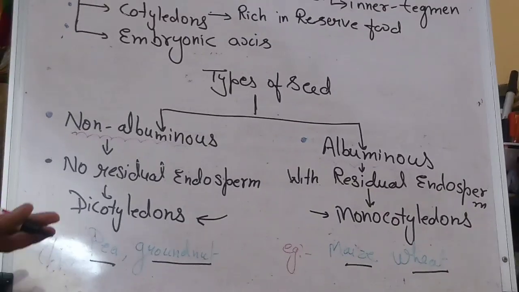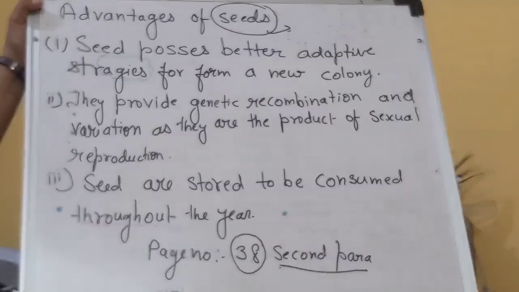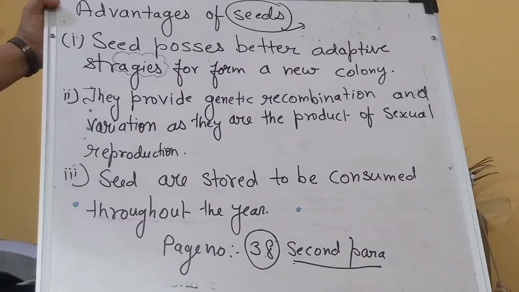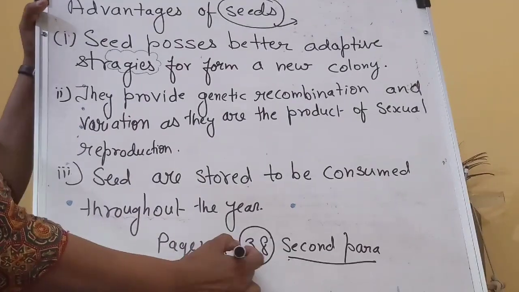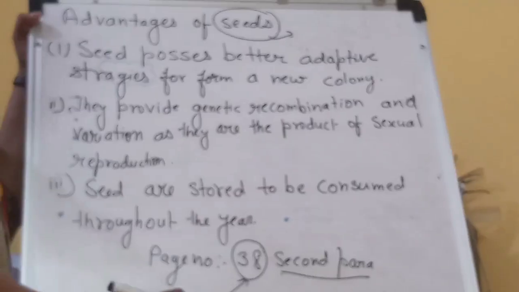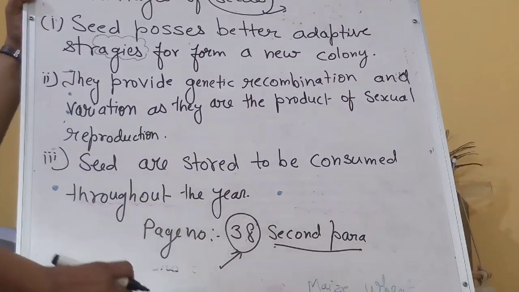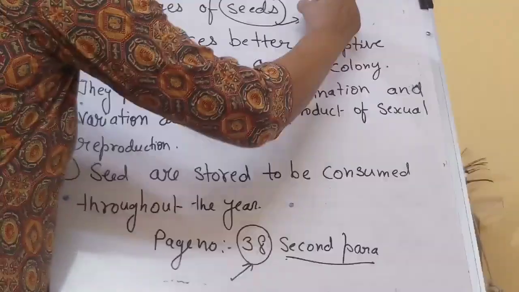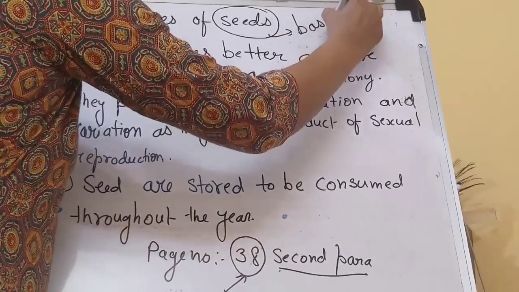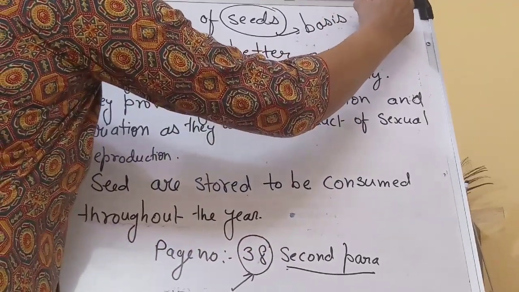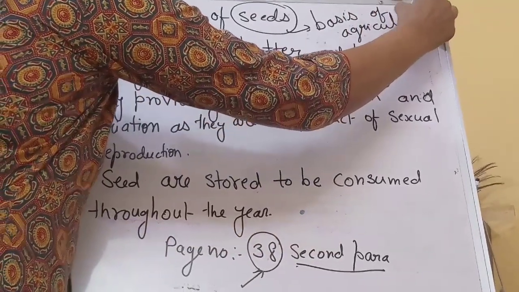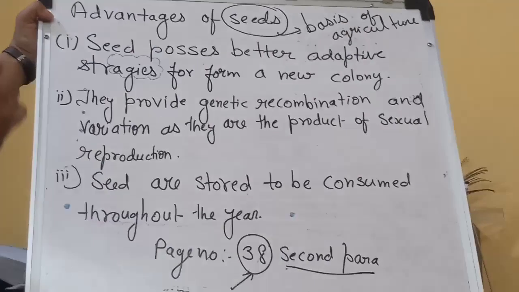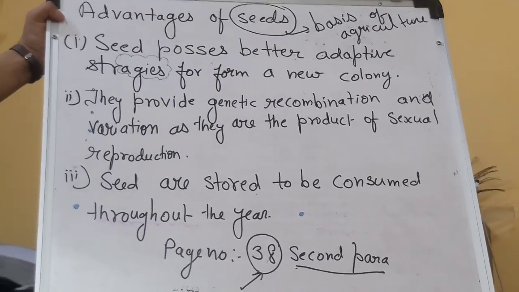Now, advantages of seeds. You will see this topic in your NCERT textbook on page number 38, second paragraph. The start of that paragraph tells that the seed is the basis of agriculture for farmers. This is the main thing about seeds.